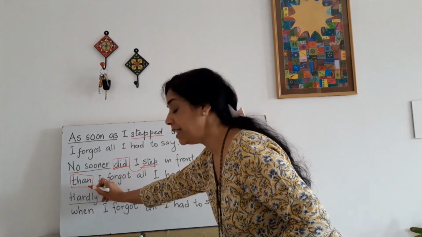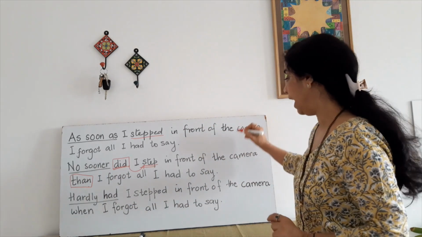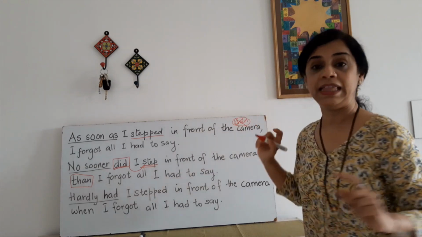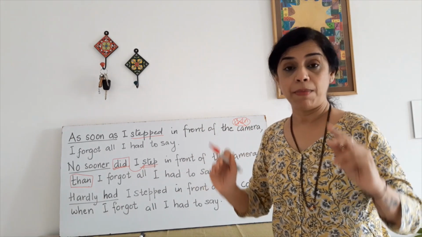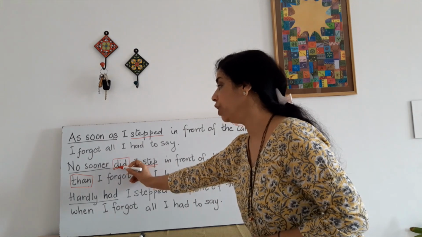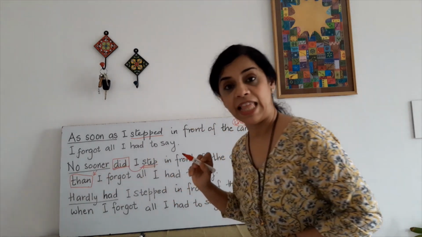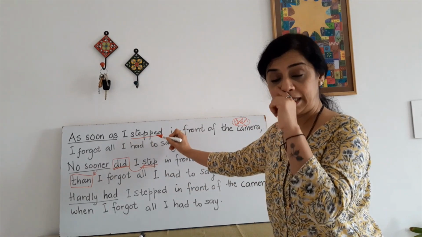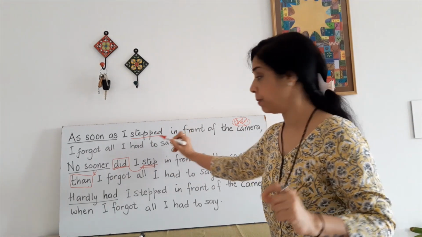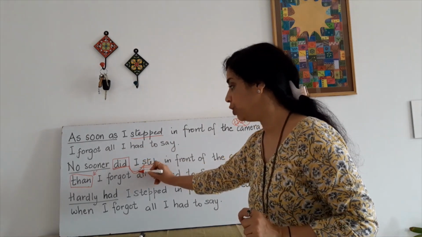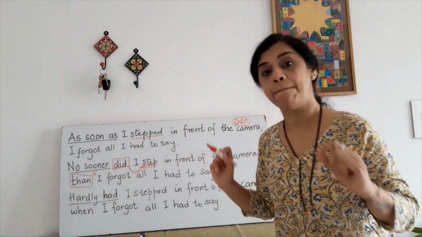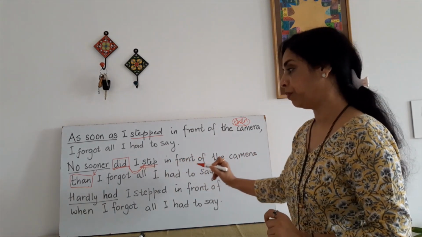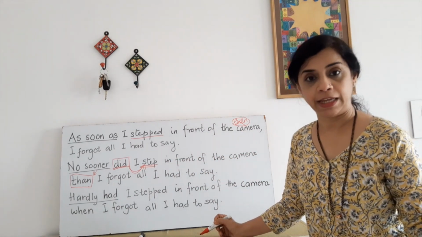Now, this word is than and not then. Alright? Remember than. Once you add did, because the sentence is in the simple past tense, you change the main verb to its base form.